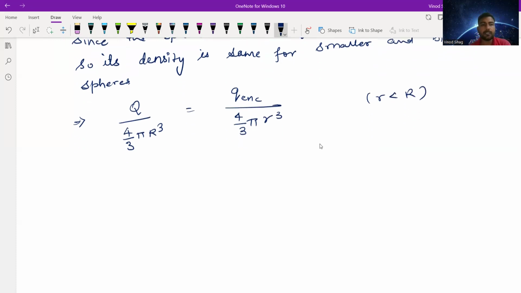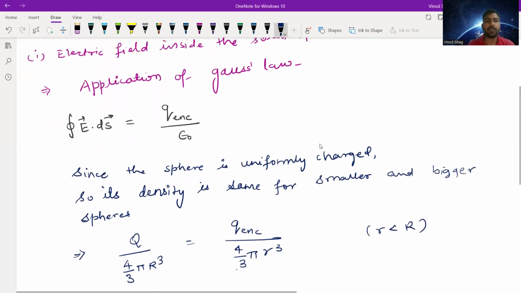Now this 4 by 3 pi and 4 by 3 pi will cancel out, and we will get q enclosed equals Q into r cube by R cube. This will be the charge enclosed by the smaller sphere which we have assumed. Now we can place it in the equation.